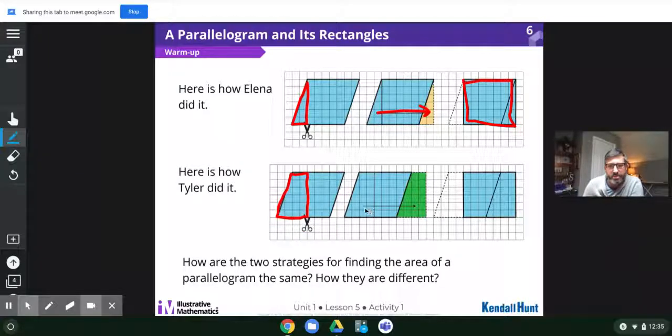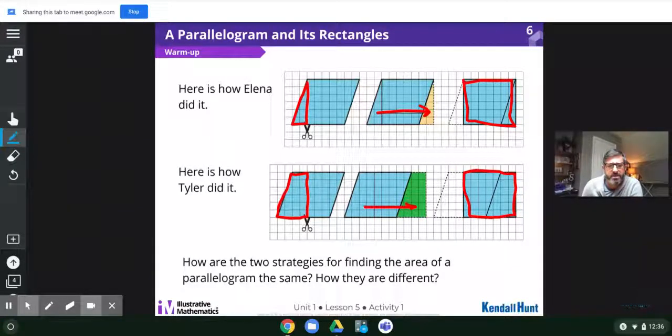But he did the same thing. He decomposed it and then rearranged it and just moved it to the right side to make the rectangle that we saw Elena working with. So again, we can decompose and rearrange into a rectangle to make it a little easier to find the area.